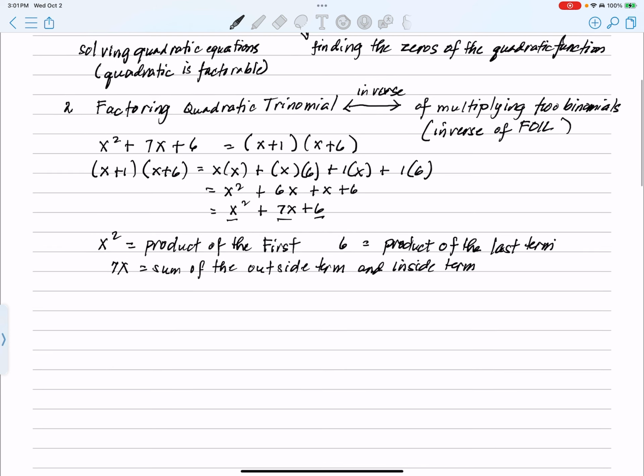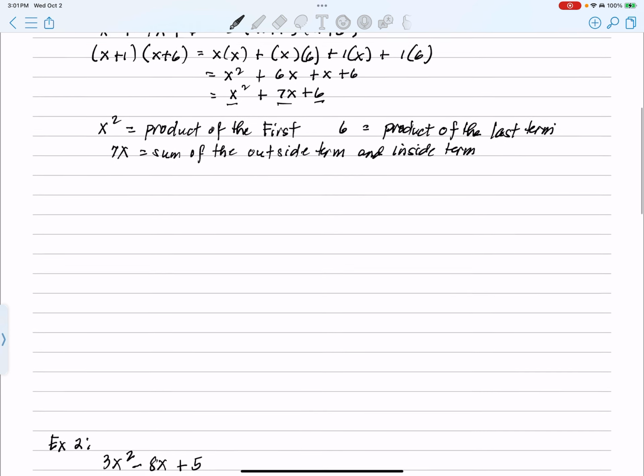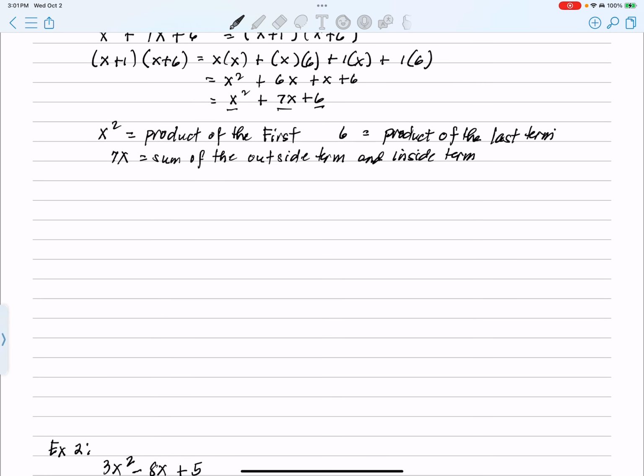All right, let's have an example. Usually, when we factor quadratic trinomials, we do it by grouping. So let's do this. Let's factor the trinomial. Trinomial or polynomials, if we have 3 terms, it's trinomials.